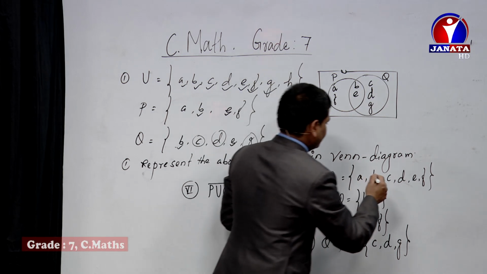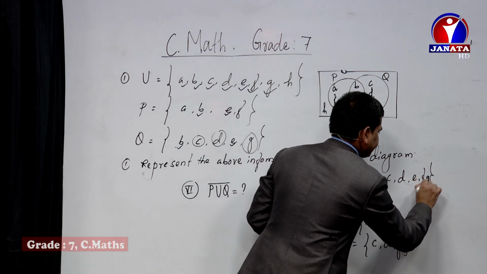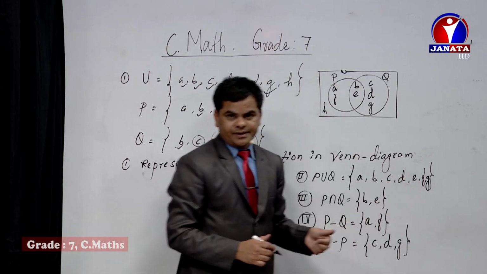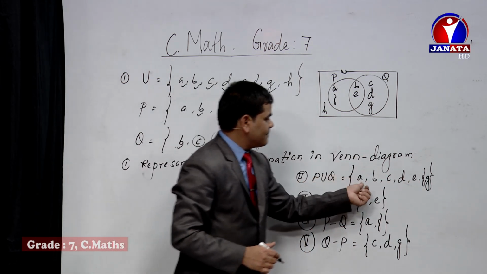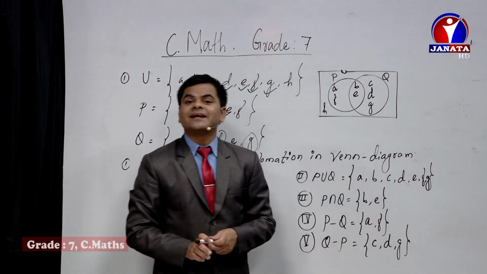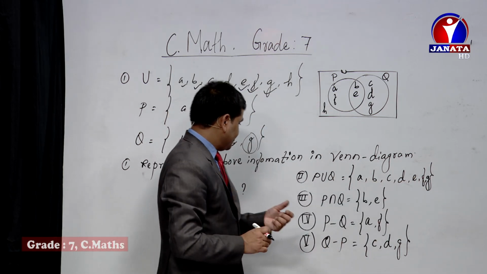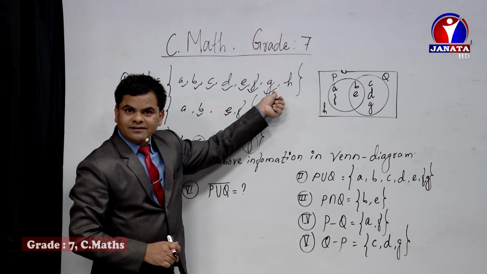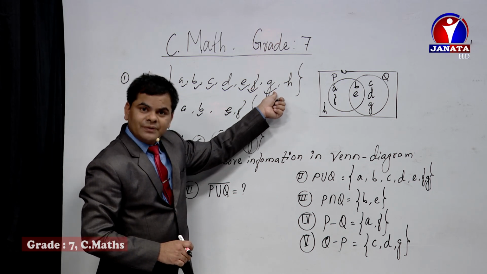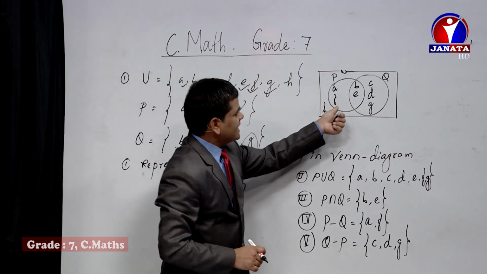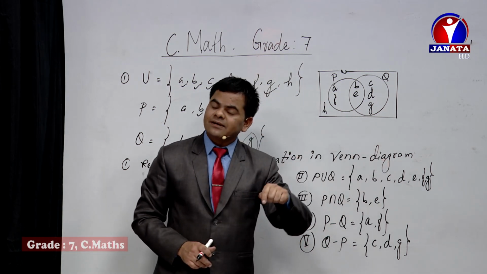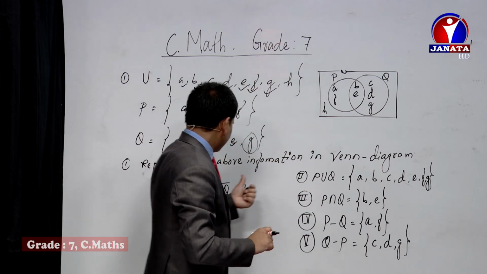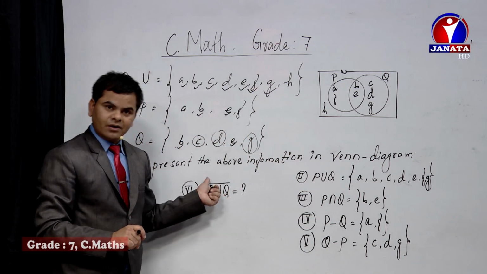Except this means which one? Oh, sorry, dear friends, one piece of information is left here, G. G is remaining here. A, B, C, D, E, F, G. G is also there. Okay. Now except this A, B, C, D, E, F, G, which one remains? If you see in the universal set, we have covered up to here inside A union B, or P union Q. So the remaining ones, that means outside of the circle but inside of the rectangle, the elements which are present, belong to P union Q complement.